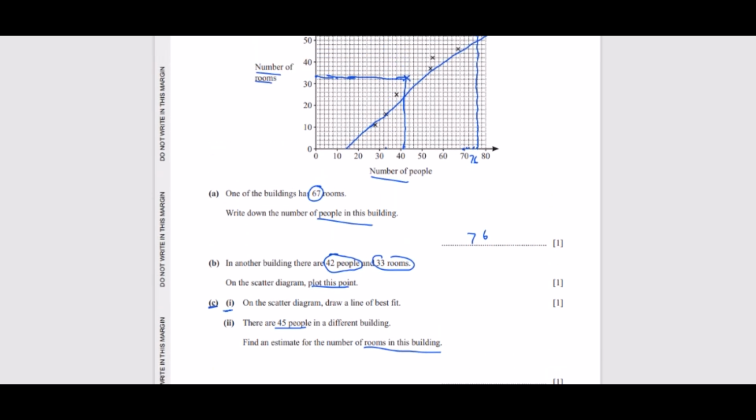First of all, 45 people is here. Draw a line like this and draw from this one. That is equal to 29. So this is 29.